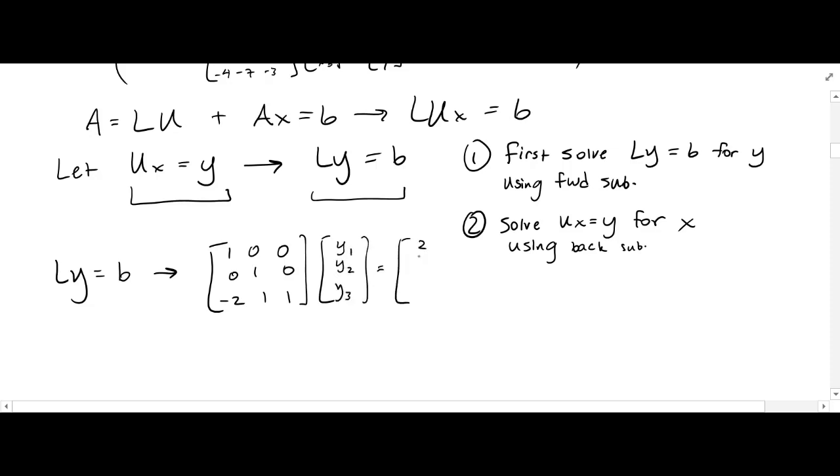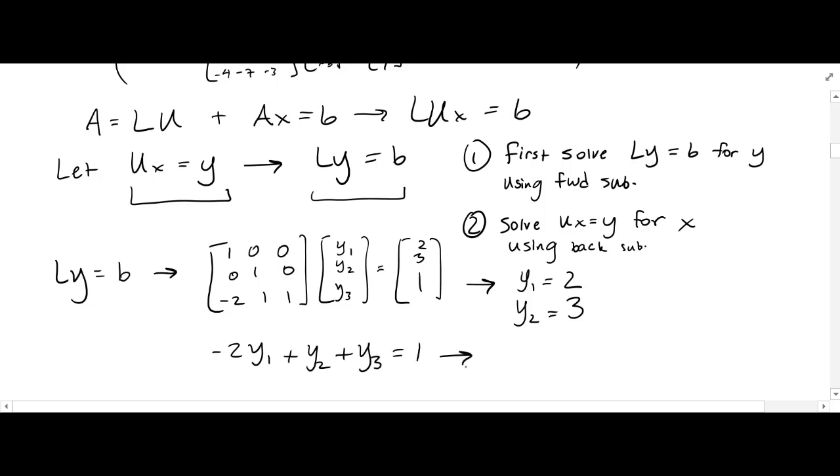So we're multiplying by Y, and we're getting B, which is 2, 3, 1. So from this system, we immediately have, from the first equation, y1 equals 2. From the second equation, y2 equals 3. And in the third equation, we get negative 2y1 plus y2 plus y3 equals 1.